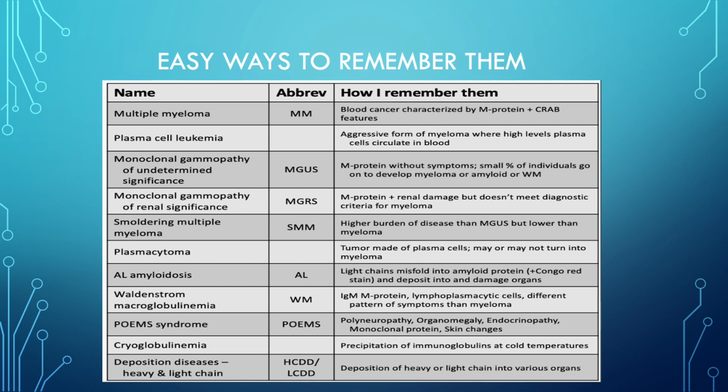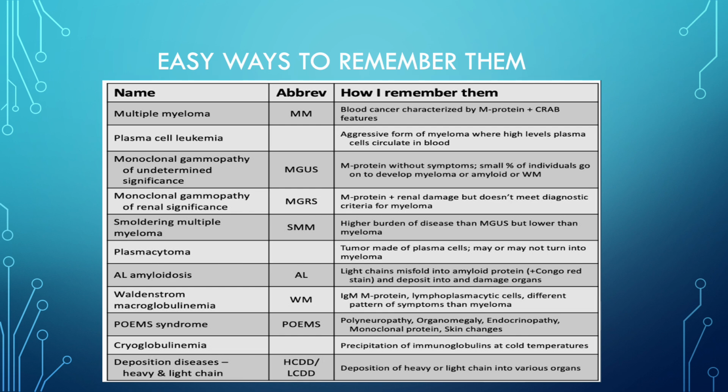Then we have plasma cell leukemia. Now, as the name indicates, it's an aggressive form of myeloma where there are high levels of plasma cells circulating in the blood. Then we come to two very distinctive terminologies, MGUS and MGRS. MGUS is monoclonal gammopathy of undetermined significance, and MGRS is monoclonal gammopathy of renal significance.